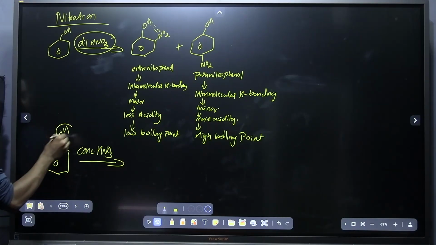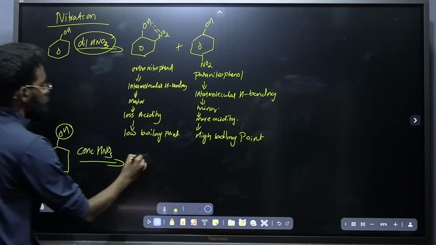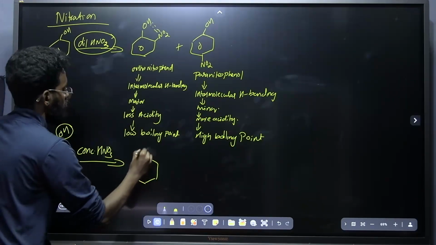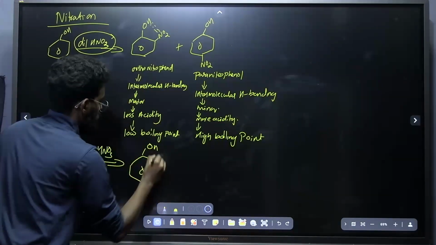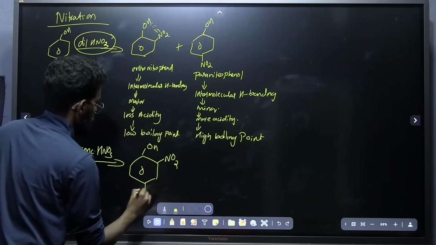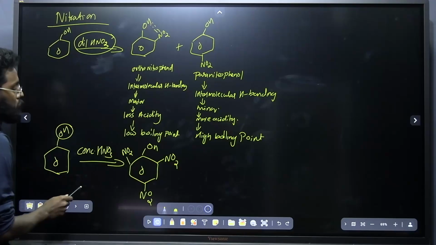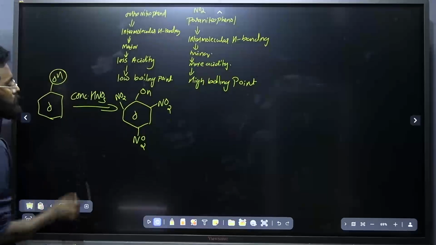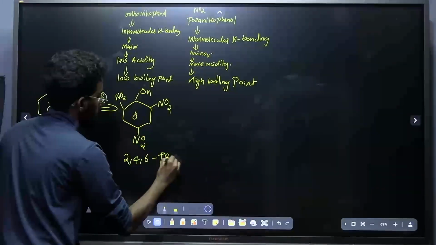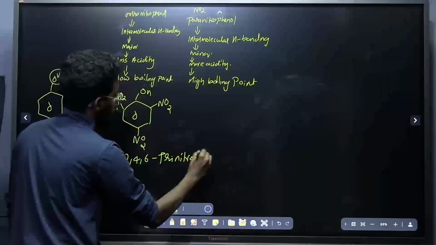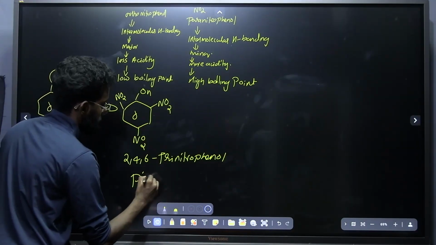We already know that the OH group is a highly activating group, and if I am using concentrated HNO3, there will be release of more NO2 electrophile, which results in the formation of 2,4,6-trinitrophenol, which we will be calling by the name picric acid.